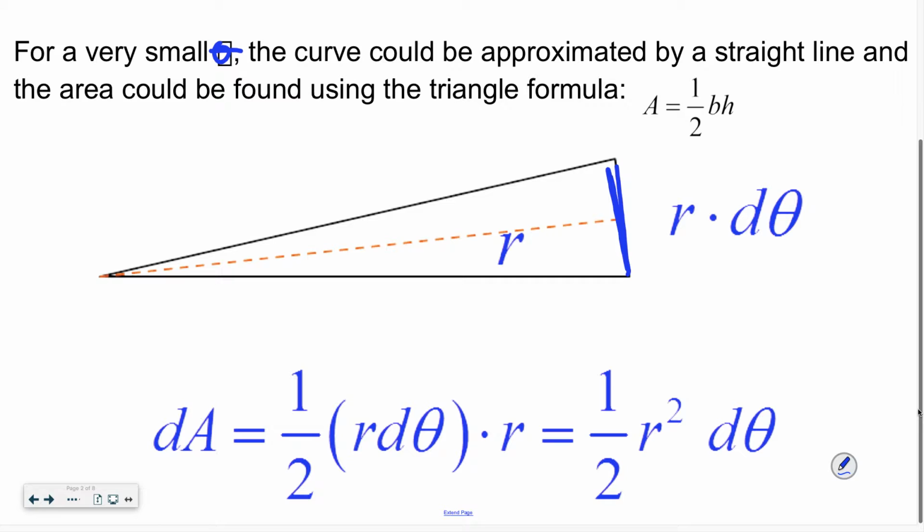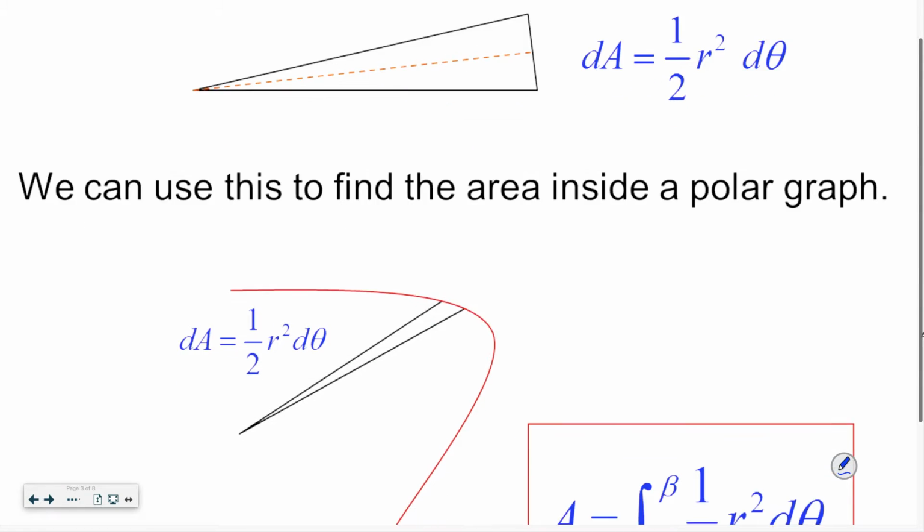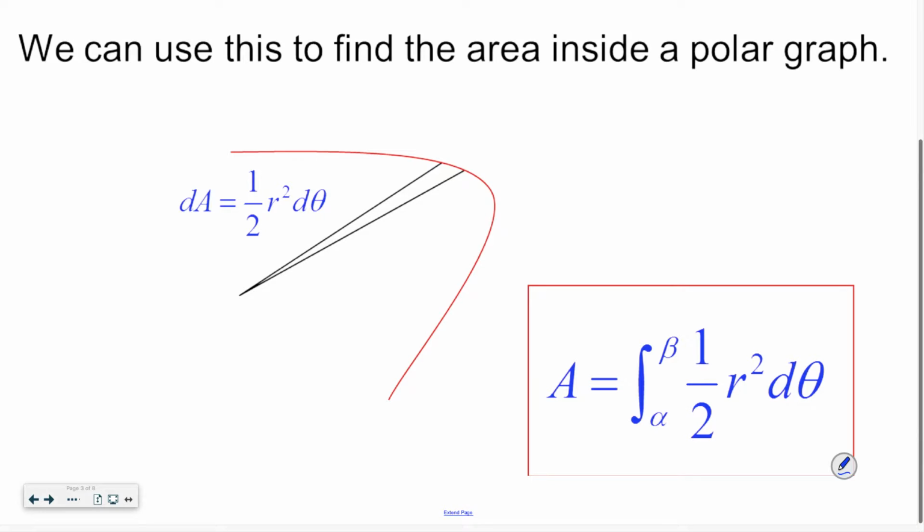Are we okay? All right. Well, what are we going to have to do? If I'm talking about the area of a polar curve, I'm talking about lots of slices of triangles that we're going to have to add together. So what do we do? A summation, which means we're going to need an integral. This is how we find the area. This is what you can write down now.